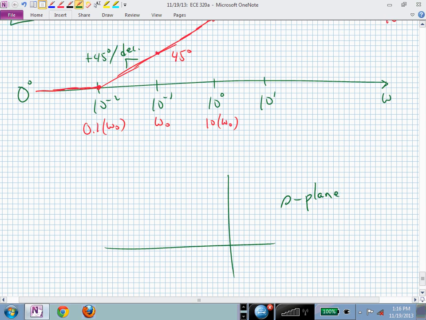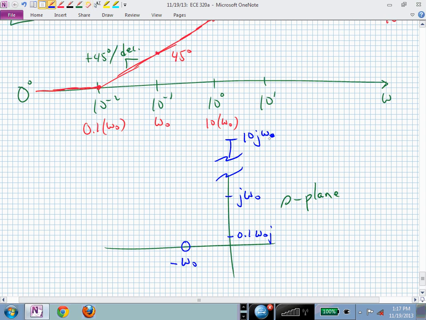If we now were here with our 0 at some omega naught, then this might be 0.1 omega naught. This would be j omega naught. And way up here would be 10 j omega naught, or j 10 omega naught.